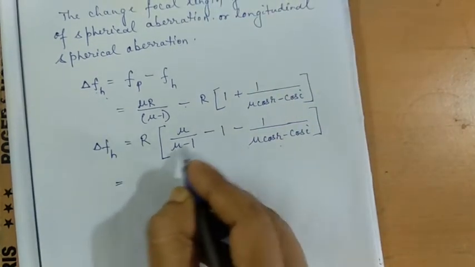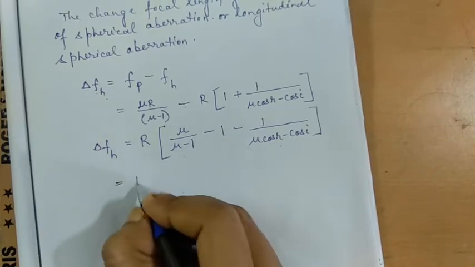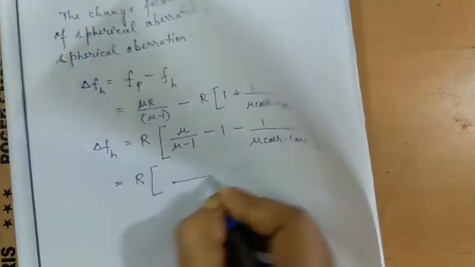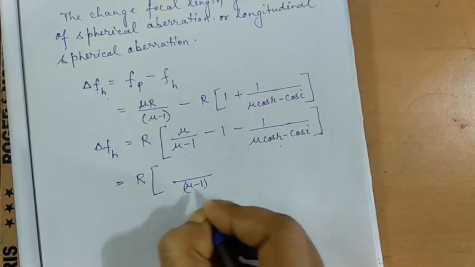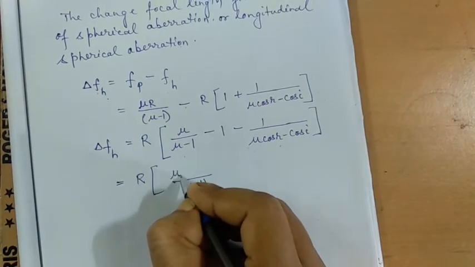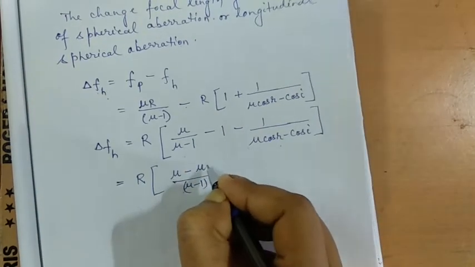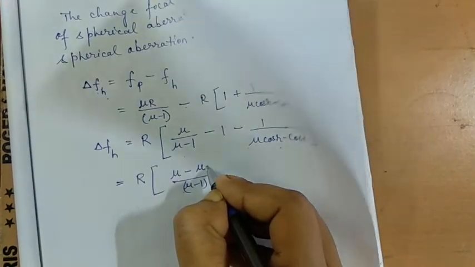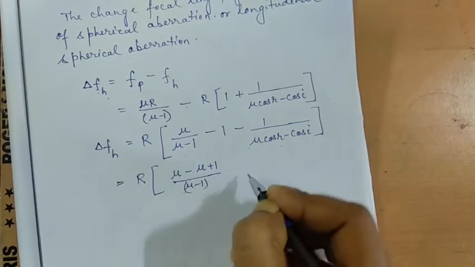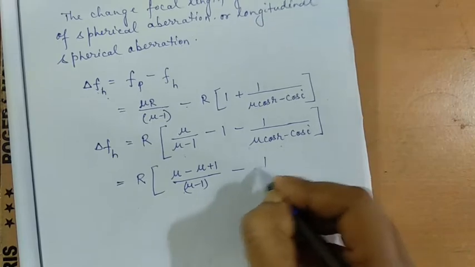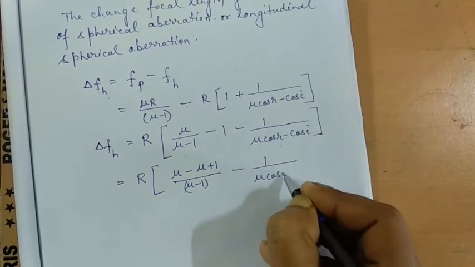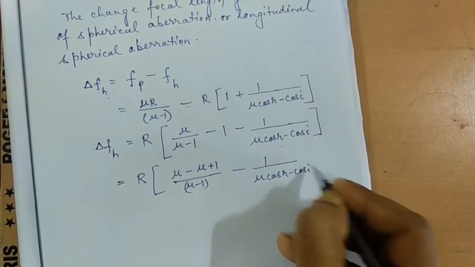Now solve these two terms. You will get here r into mu minus 1 as the LCM, so you will get mu minus mu plus 1, minus 1 by mu cos r minus cos i.